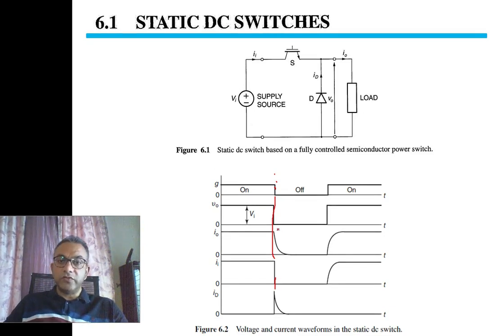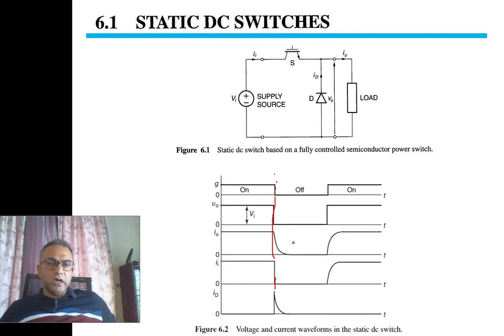However, we must not forget that there is a trailing current, inductive current, due to the inductive component of the load. And as an engineer, the designer has to provide an alternate path for this decaying current.